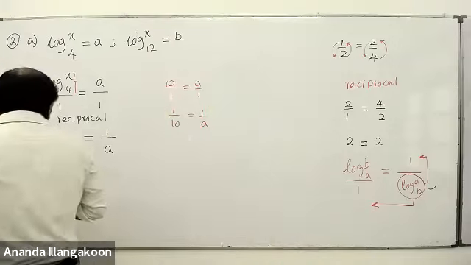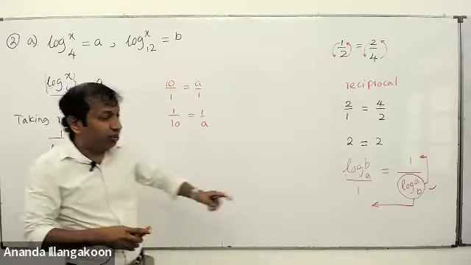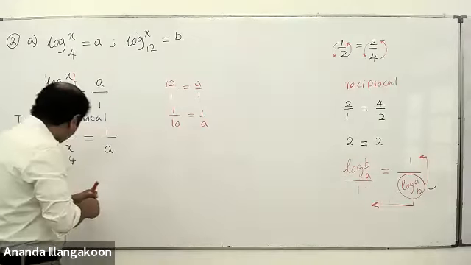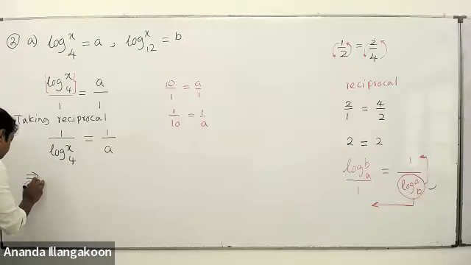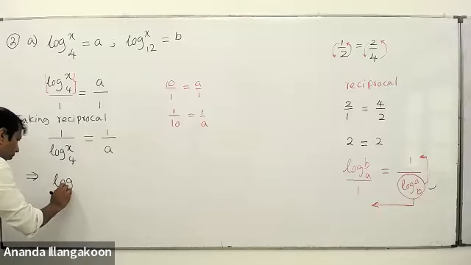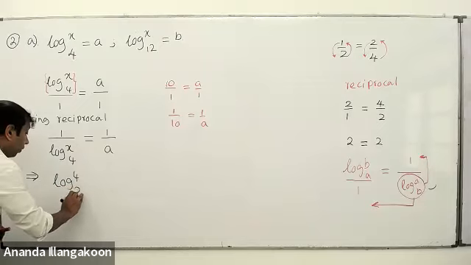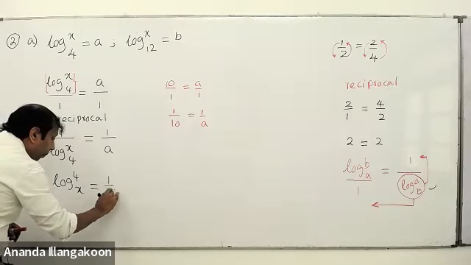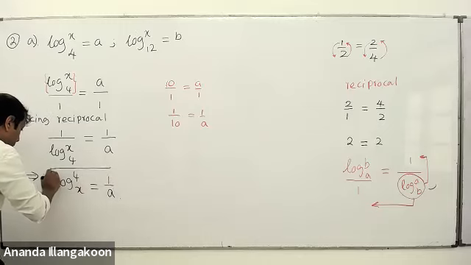I bring this to the numerator using this log law we learned. Understood? Fine. So then what do you get? These two will exchange. This gives us logarithm of 4 to the base x as equal to 1 upon e. Now this result is important to us.